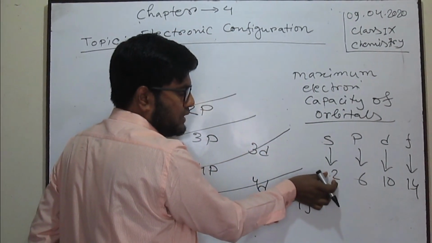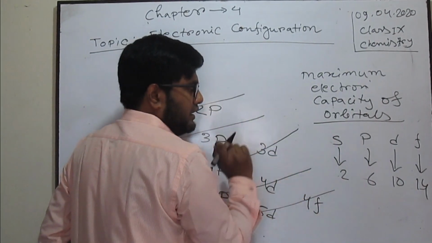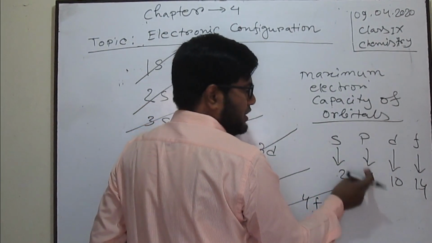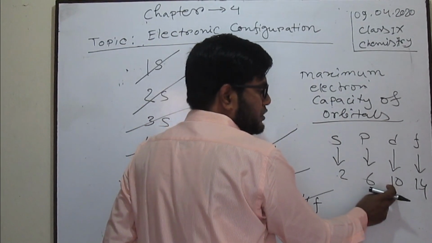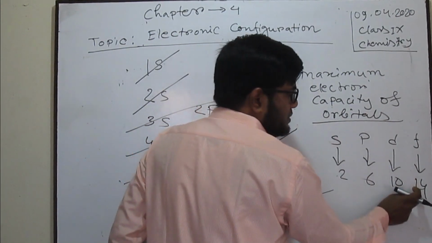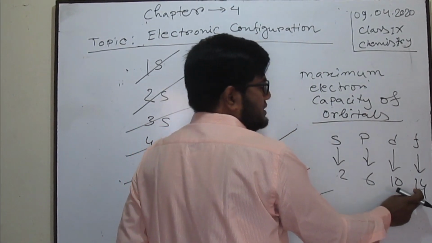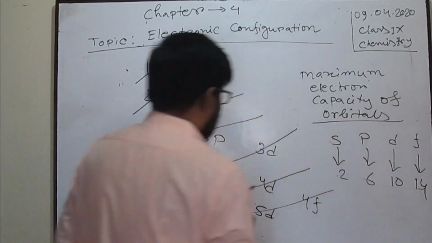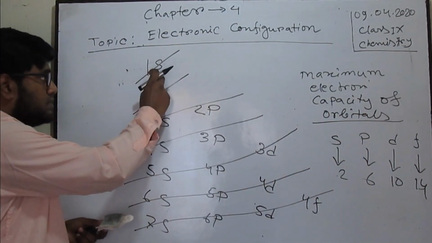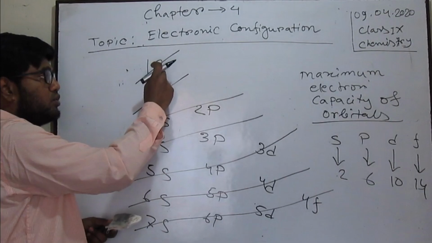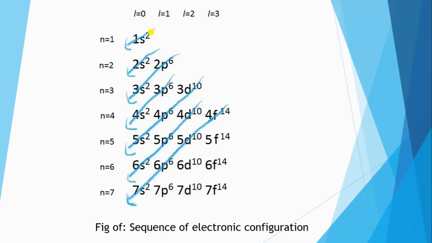So maximum 2 electrons can stay in s orbital, maximum 6 in p orbital, maximum 10 in d orbital, maximum 14 in f orbital. So 2 electrons will go to 1s orbital, then 2s has 2 electrons, 2p has 6 electrons. By this way you can write the electronic configuration.